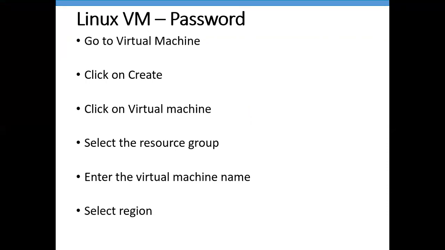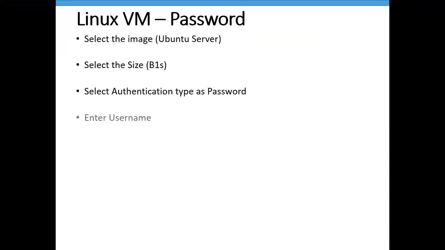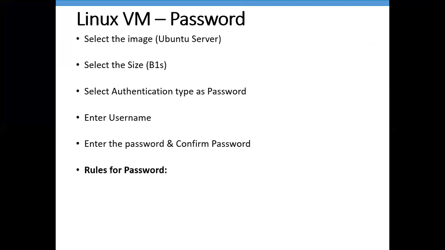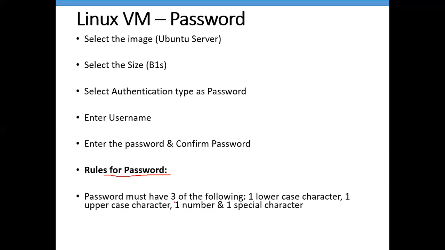Next thing, I need to give the password. To give the password, we need to follow some rules. What are the rules? The password must contain 3 of the following: 1 lowercase, 1 uppercase, 1 number, and 1 special character.